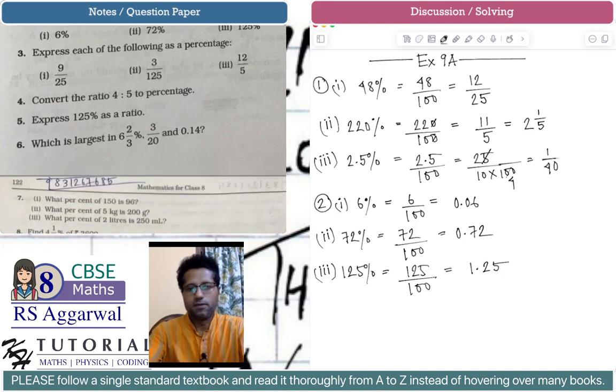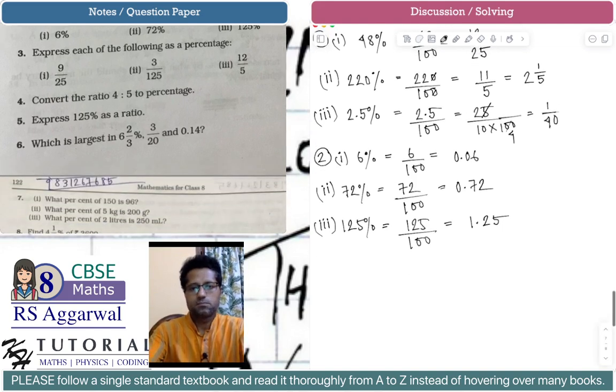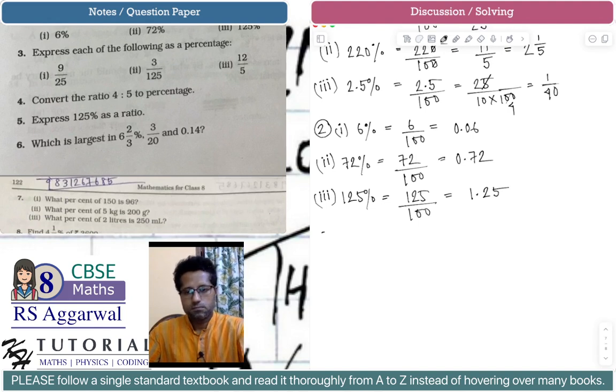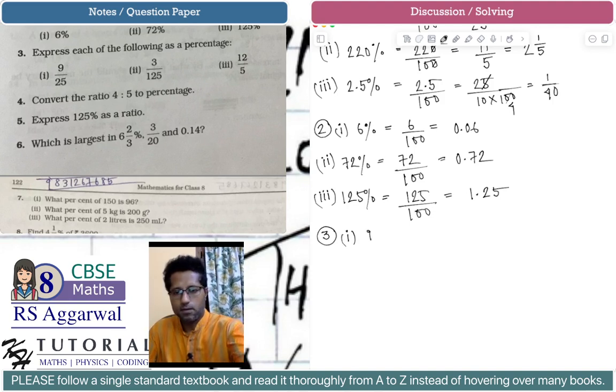Problem number 3. Express each of the following as a percentage. Okay, so we are given some fractions and we have to convert the fractions to percentages. So 9 by 25, we know how to convert a fraction into a percentage.